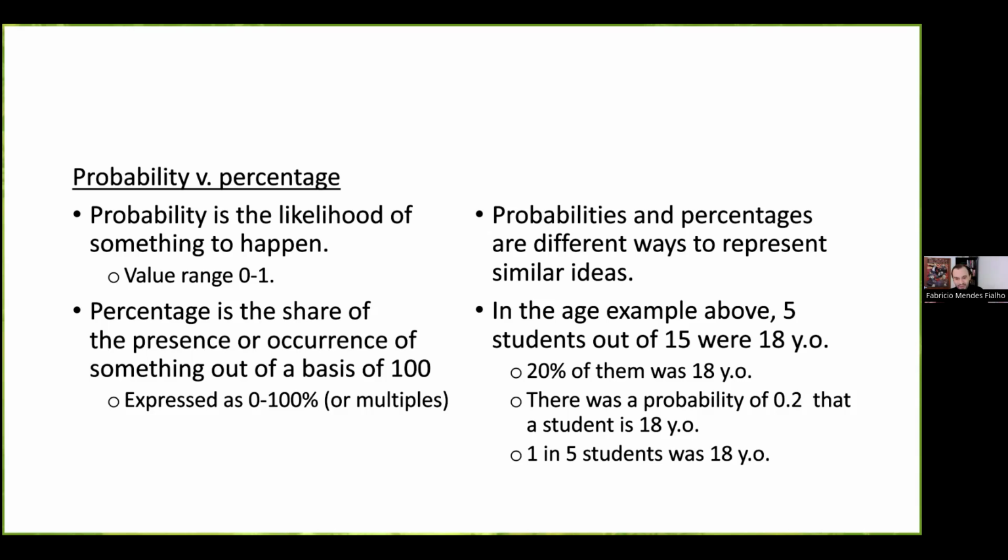So there are some differences in what these numbers mean in a more conceptual way, but they are easily translated from one to the other depending on how you prefer to express that idea. And a third way to express that 5 students out of 15 were 18 years old is to say 1 in 3 students was 18 years old, right? So these are just different ways to express similar ideas, okay?